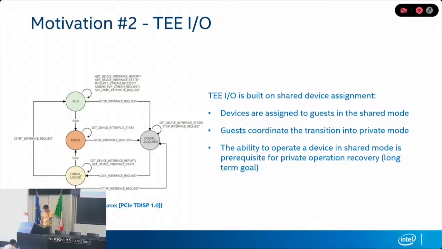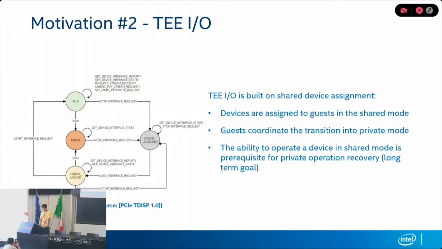As you can see on the left side, this is the secure device state machine. This is defined by the PCIe TDISP spec. This is one of the building blocks of TIO.